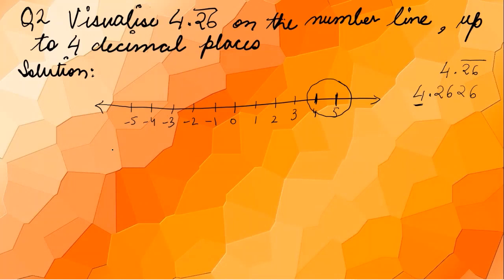Now after this draw a number line. Now your numbers will be between 4 and 5. Now take here 4 and here take 5. Then 10 divisions will be there, take it equal. Equal divisions will be there.